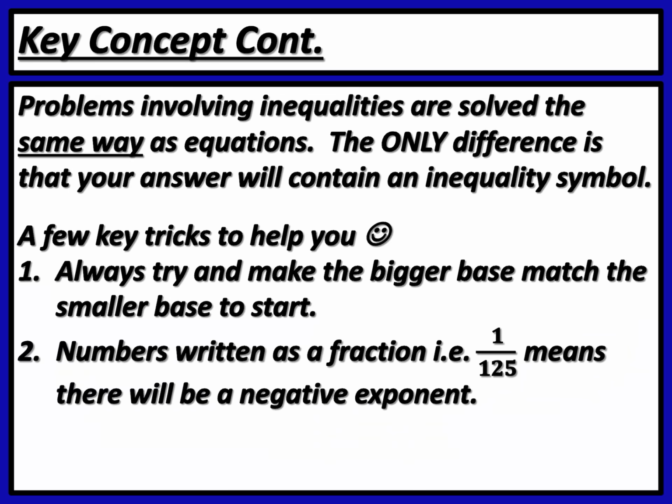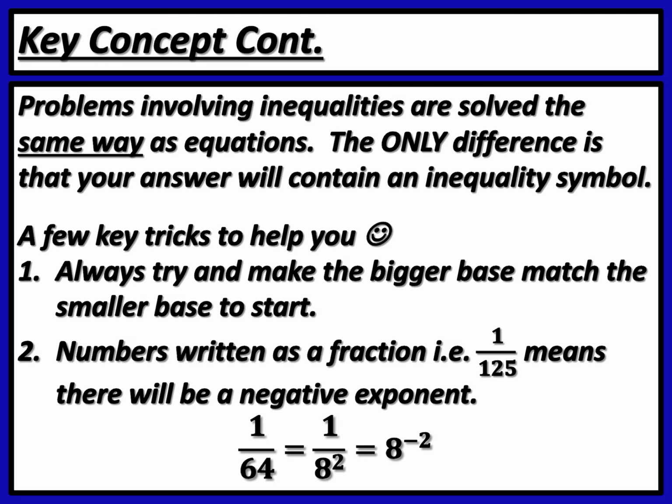And our second trick here: anytime you have numbers written as a fraction, we want to remember our exponent rules. Anytime we have something in the denominator of a fraction, we can bring it up to the top, and all we have to do to make it equivalent is change the sign of our exponent.